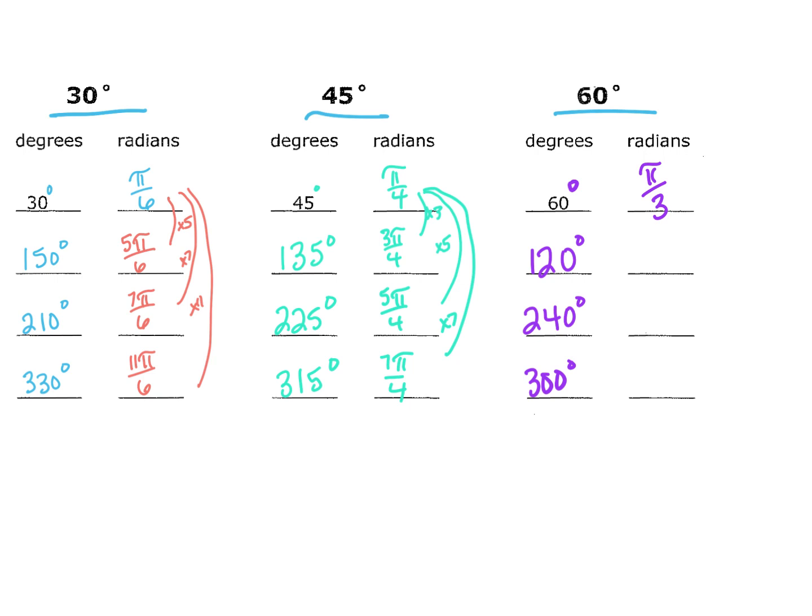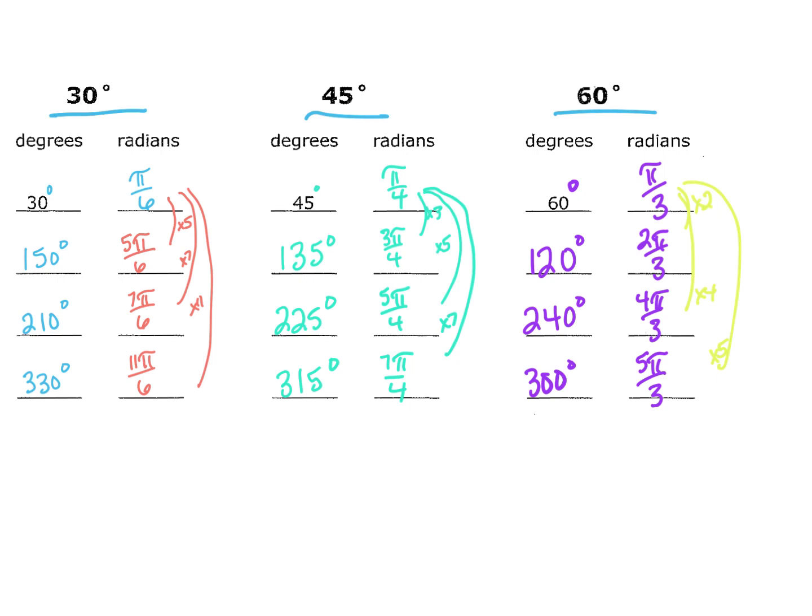And if you multiply by 2, 2 pi over 3 is equivalent to 120 degrees. If you multiply 60 times 4, you get to 240. So that tells us that this is equivalent to 4 pi over 3 radians. And then lastly, 60 times 5 gets us to 300 or 5 pi over 3.